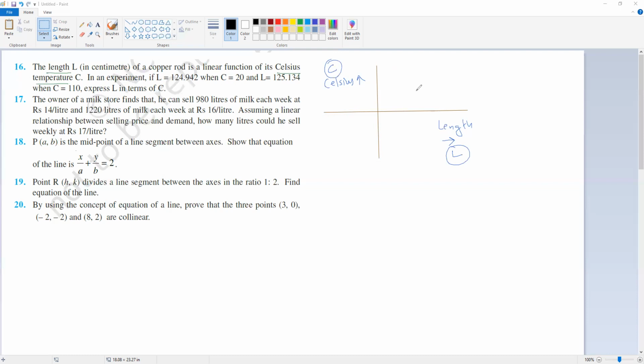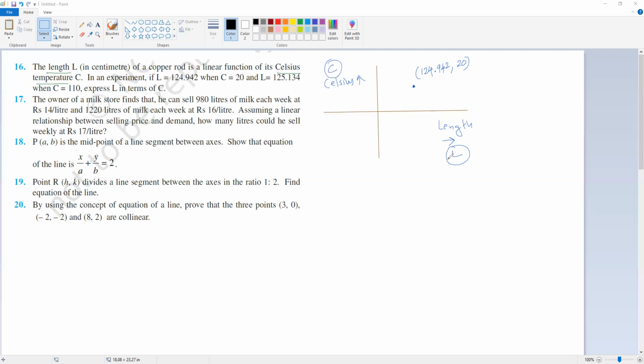So this point is 124.942 comma 20. That is the meaning, isn't it? It is up to you, you can take either L along the x-axis or L along the y-axis. Depending on that, you have to write the points.